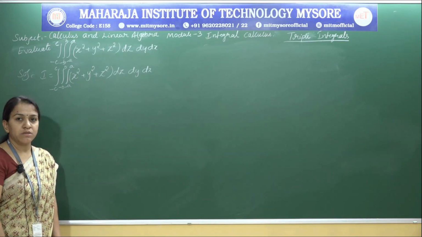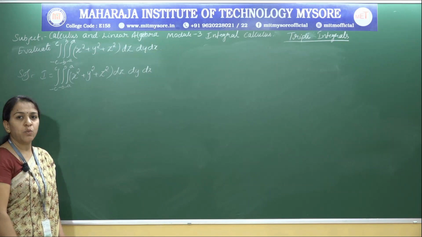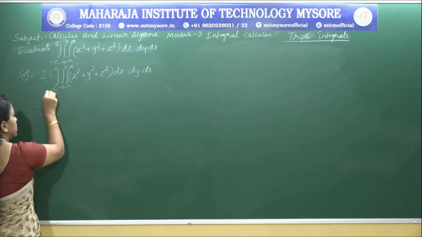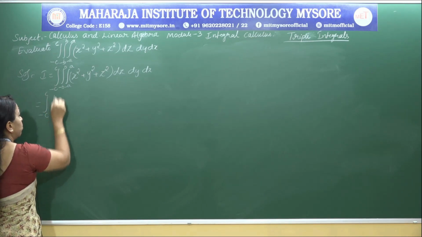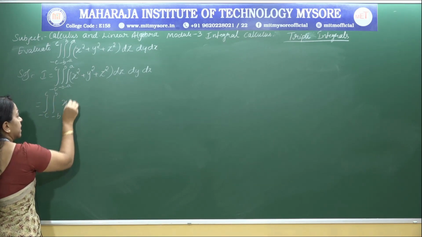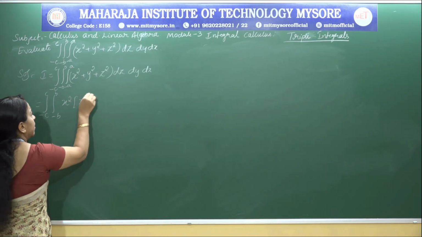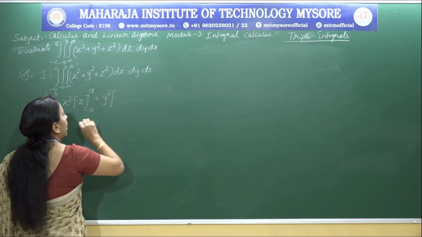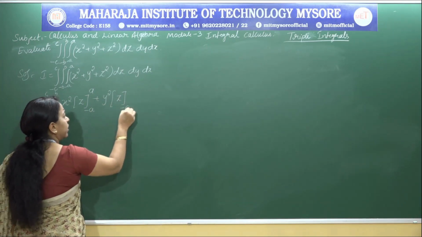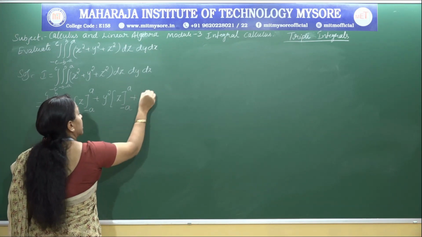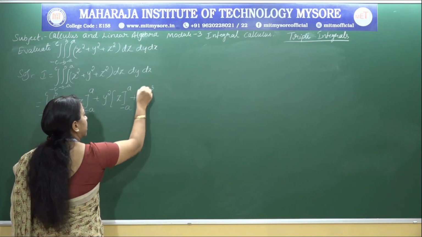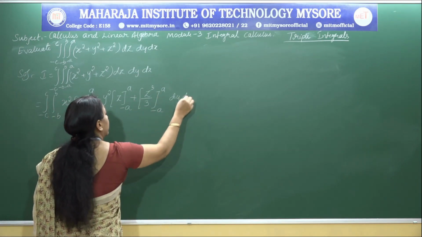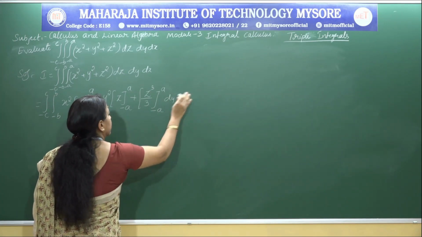So first integrate with respect to z, keeping x and y as constant, that is integral minus c to c, integral minus b to b, x square constant, integral of dz is z between the limit minus a to a, plus y square constant, integral of dz is z between the limit minus a to a, plus z square integration z cube by 3 between the limit minus a to a, and dy dx remains as it is.